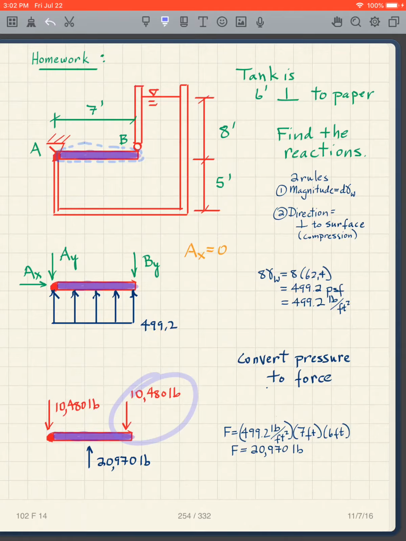Everything's symmetric, so this one you can do in your head, recognizing that everything's symmetric. This is dead center, and these are at the ends, and that means that this force is half of that force.